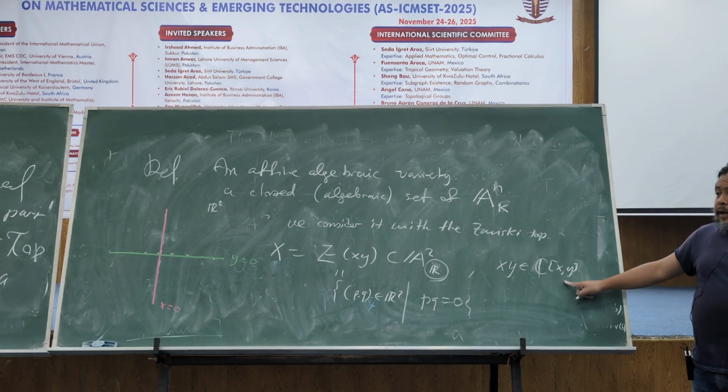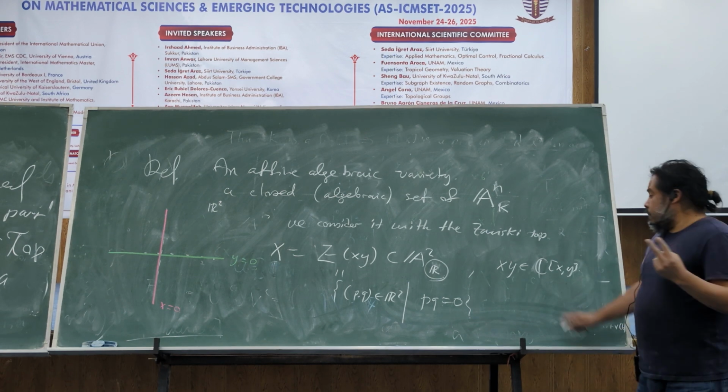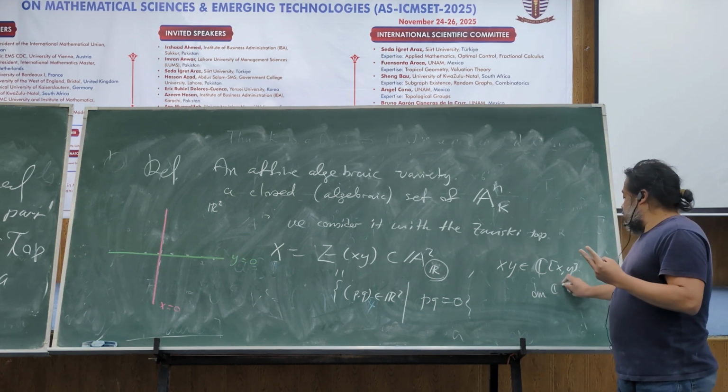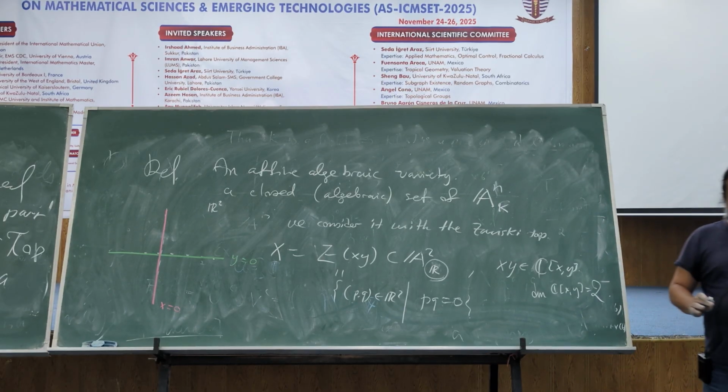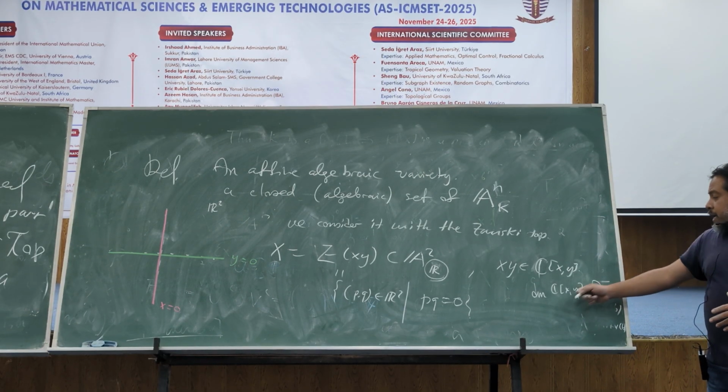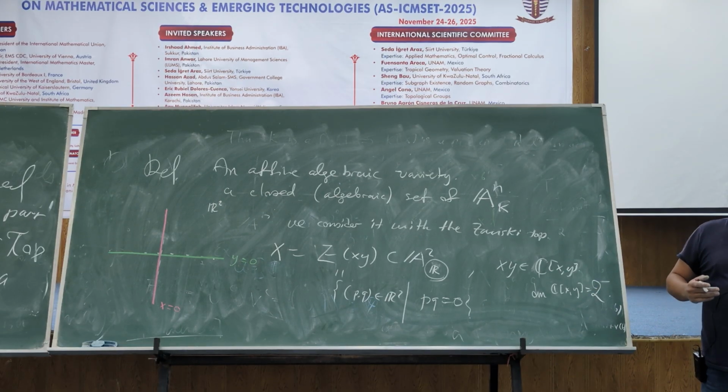This ring has dimension 2. This means that the ideals that I can consider here have height either 0, 1, or 2.